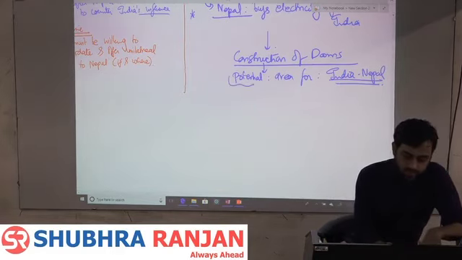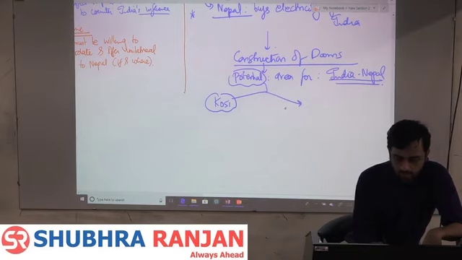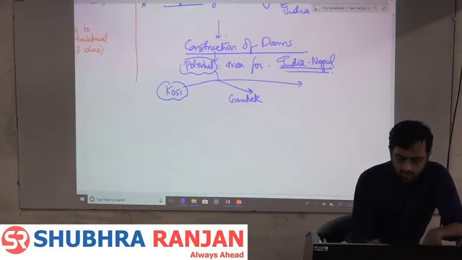Potential, sir, again the word is potential. Many rivers are there, sir. Kosi river is there. Okay. There is the Gandak. There is the Mahakali, Arun, etc. Many rivers are there.